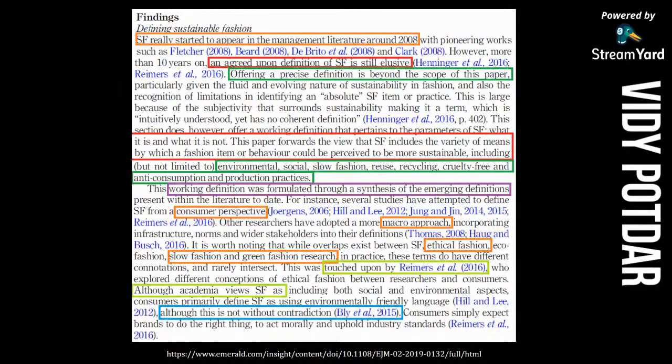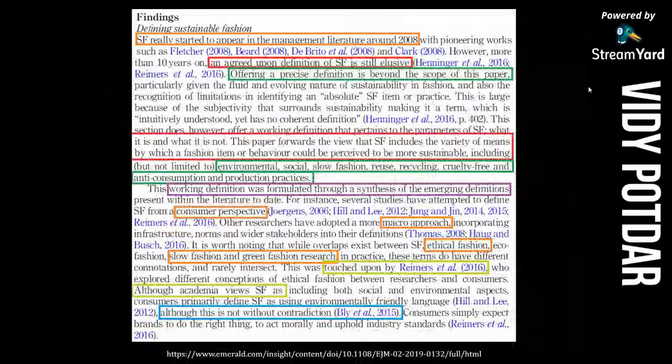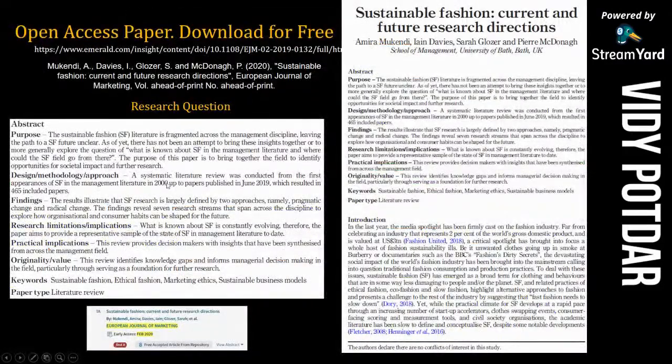Okay, so to begin with, the topic of this paper is sustainable fashion, current and future research directions. This paper actually does not mention systematic literature review in the title, but in the abstract you can see a systematic review is mentioned.